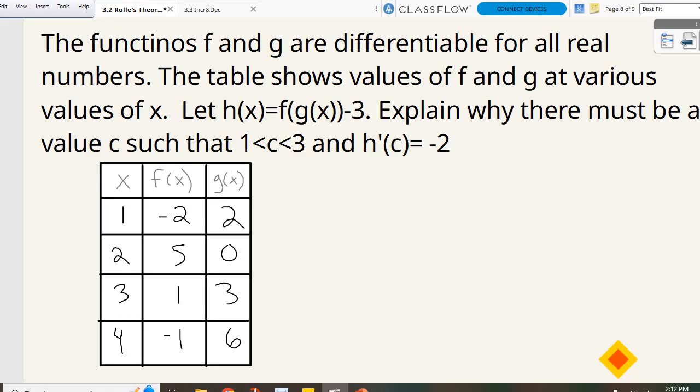So what theorem are we going to use to prove that h prime of c equals -2? MVT. Why are we using MVT, besides that we're just in the MVT section? What's the other theorem that guarantees values equal certain things? IVT. So how do I tell the difference if I'm using MVT or IVT?